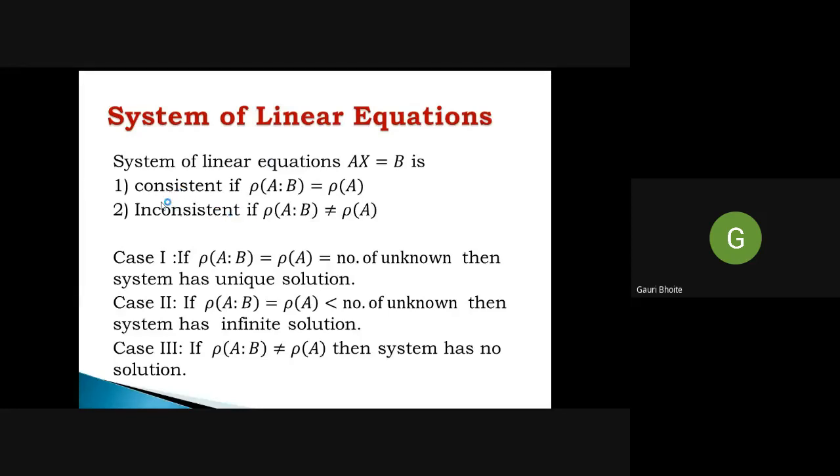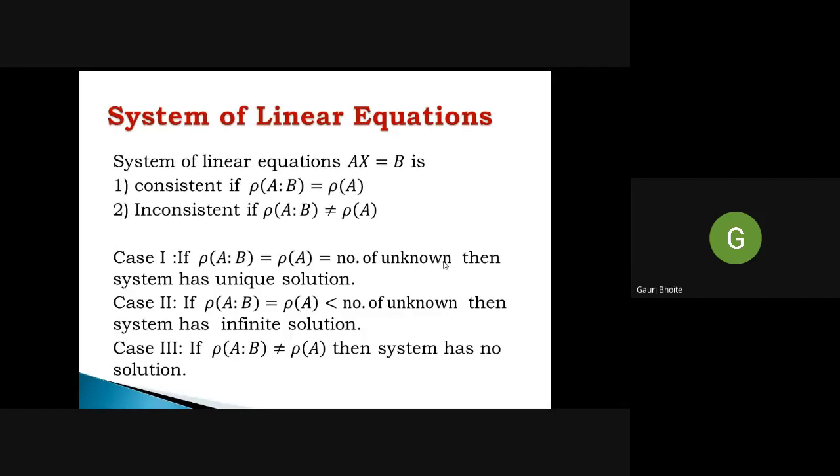Now if it is consistent, there are two cases: either it has a unique solution or infinitely many solutions. If the rank of AB is equal to the rank of A, which is equal to the number of unknowns, then the system has a unique solution.